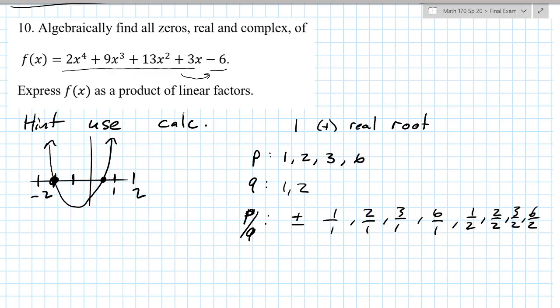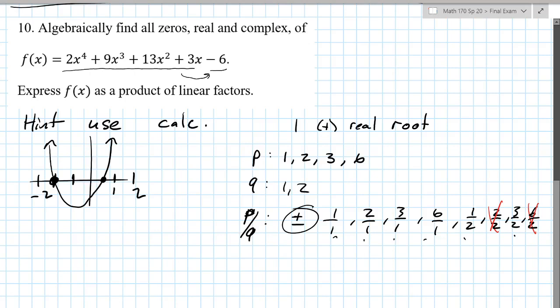Now some of these, notice, are repeats. 2 over 2 is the same as 1 over 1, and 6 over 2 is the same as 3 over 1. So you have 1, 2, 3, 4, 5, 6. Double that. There are 12 options of what you should try when you do your synthetic division.